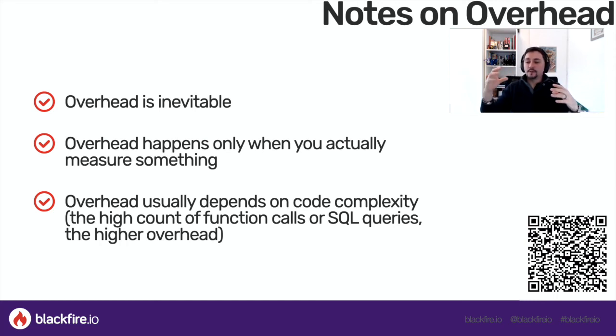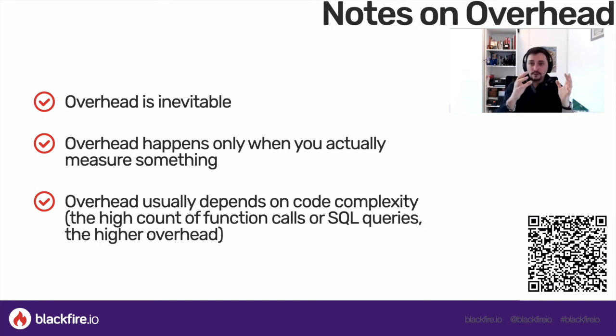And some tools, you can run on another server and they will just have a very exterior point of view. The good part is that they actually do not add an overhead. But of course, that also means that they won't tell you anything on the internals of your code. So as soon as you want to know what's going on internally, you have to run the code on the same server, and therefore you create the overhead.